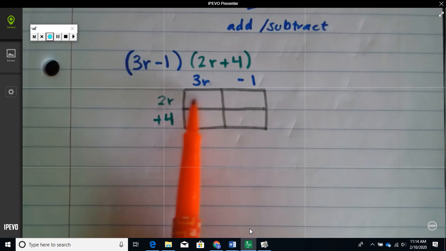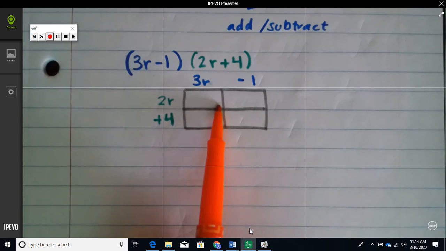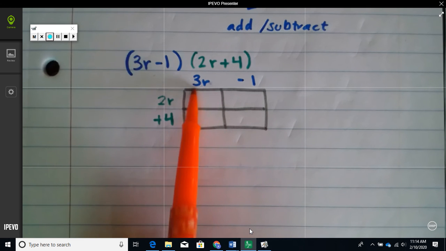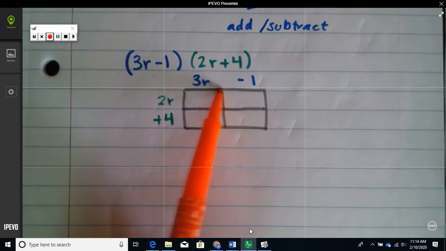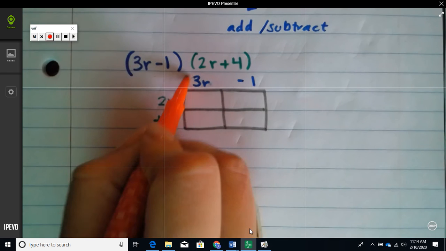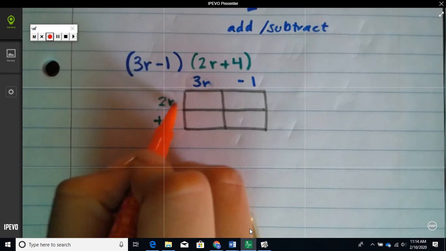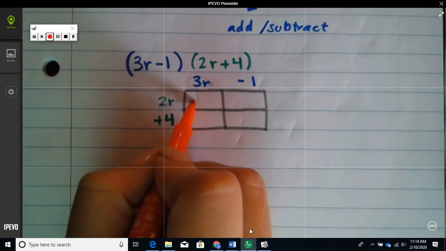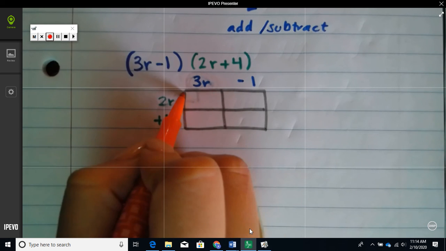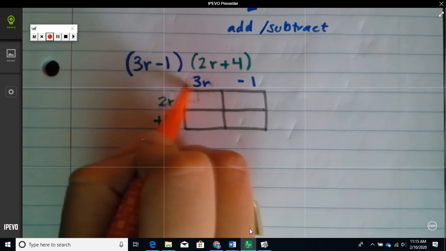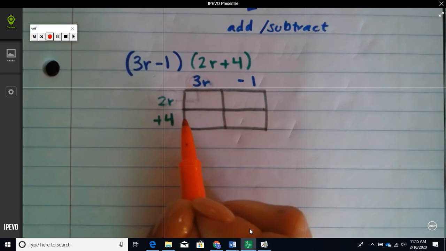Now, to get in this first box, what I do is I'm multiplying the sides, okay, not the insides. I'm multiplying the sides to get the inside. So I'm multiplying this 3r times a 2r. Does everybody understand that? And I'm putting it in this box because those are the sides of this box. The 3r and the 2r. So I do the numbers first.